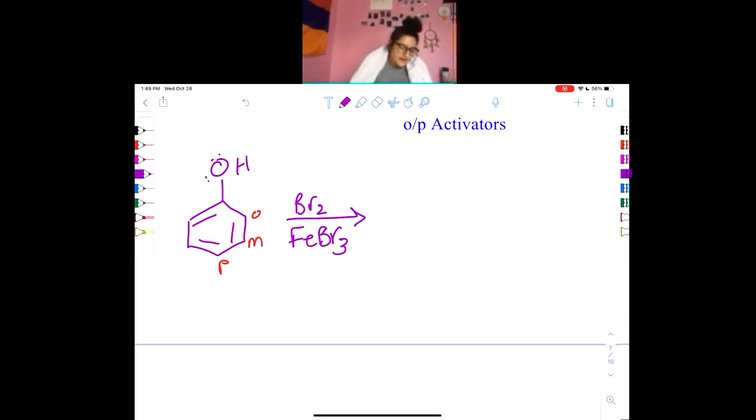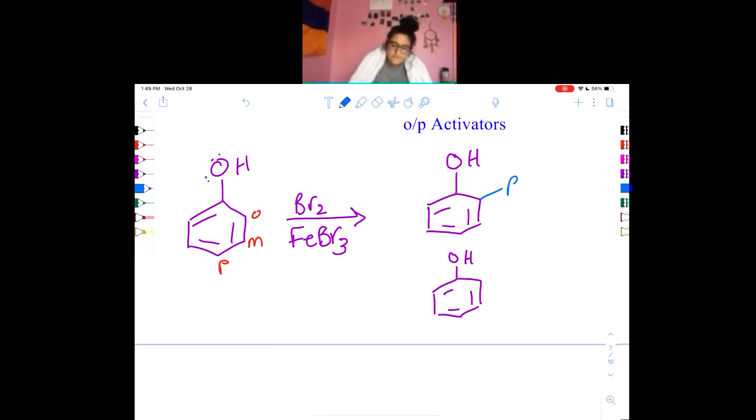We could have the new group added ortho or added para. The meta product is virtually not going to exist. We could also draw the other ortho product, but they are exactly the same, so there's no reason to draw both out.